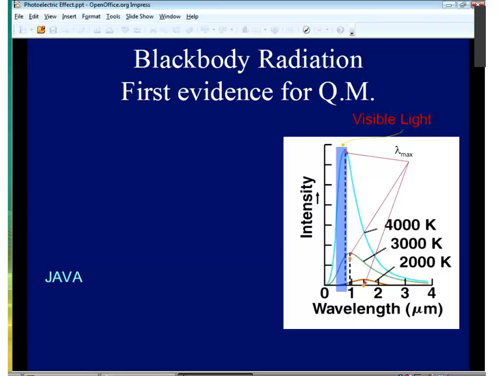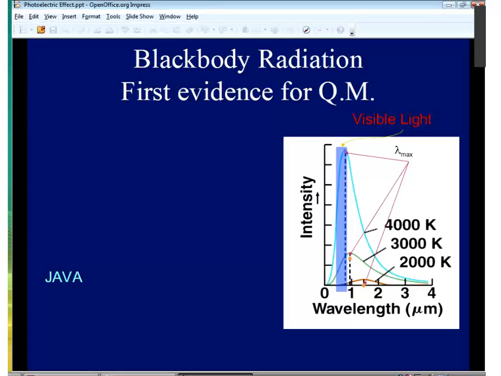That wavelength is dominating. There's a mixture of wavelengths present, but that wavelength is dominating. Likewise, at 3000 Kelvin, all types of wavelengths are present in the radiation which is coming out, but somewhere very close to 1 you will find the dominance of the wavelength.